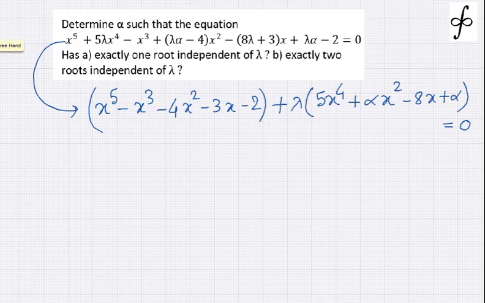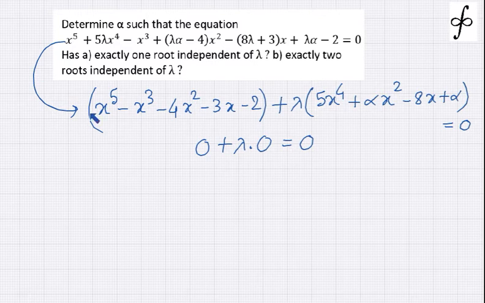Now you see that it is saying exactly one root or exactly two roots independent of lambda, so the root of this equation, that is the value of x which will satisfy the equation and make it 0, will not depend upon lambda. This happens for a particular x when the situation is like 0 plus lambda into 0 equal to 0.